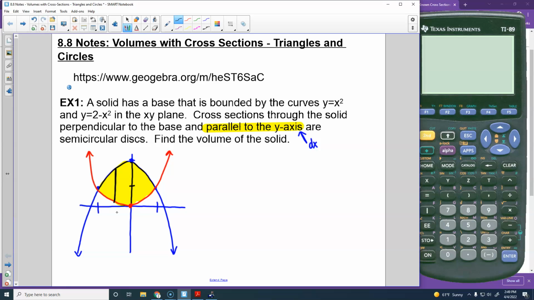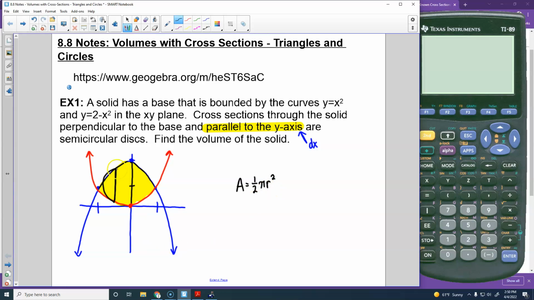What we're going to be doing is making a little semicircle here, so I'm going to think about the area of that semicircle. The area of a semicircle is going to be 1/2 times pi r squared. Here's what makes this so tricky and causes a lot of students to miss this.